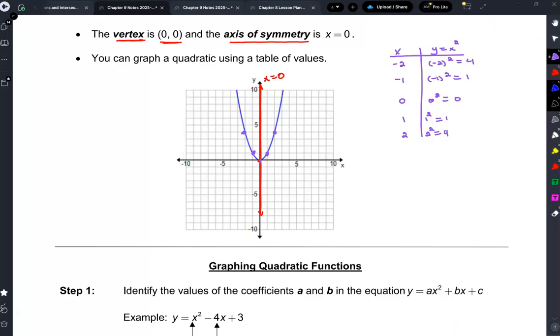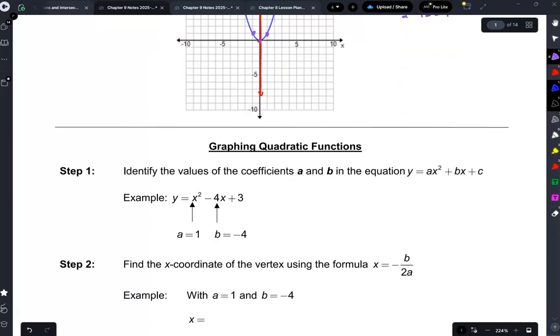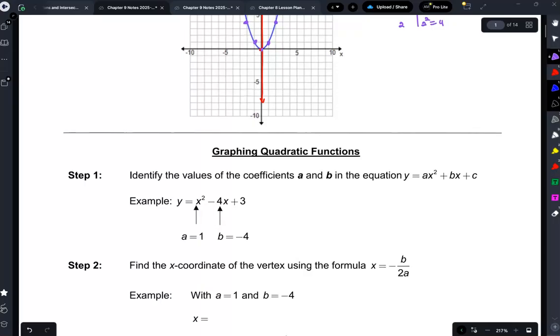Now, let's do one from scratch. This is just y equals x squared, but they're usually going to be a little bit more complex than that. So let's do this first one. Okay, so to graph this, you first need A and B. So A in your equation is the coefficient of x squared.